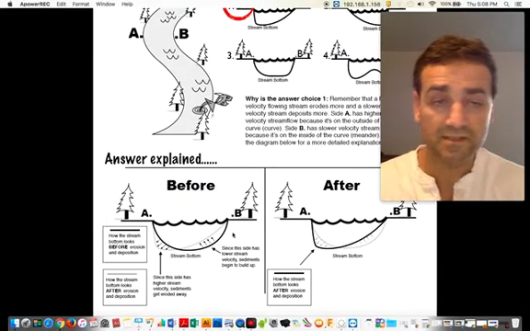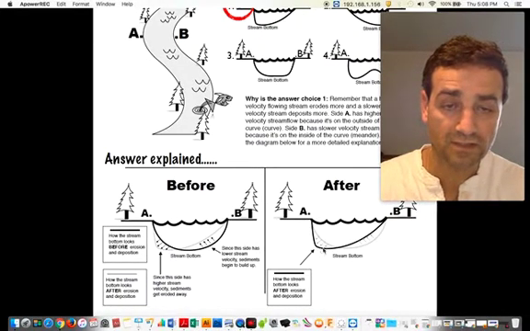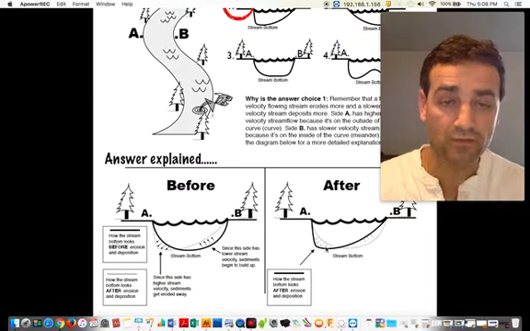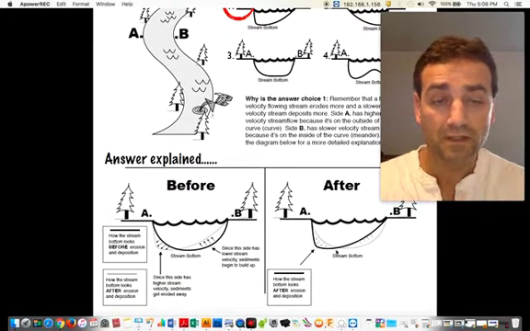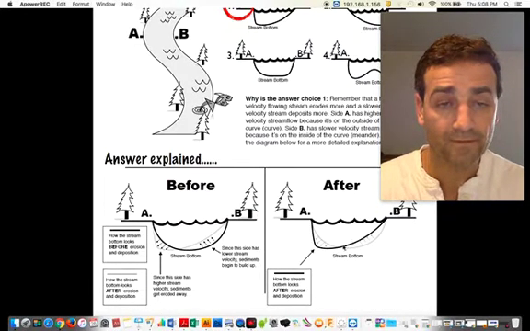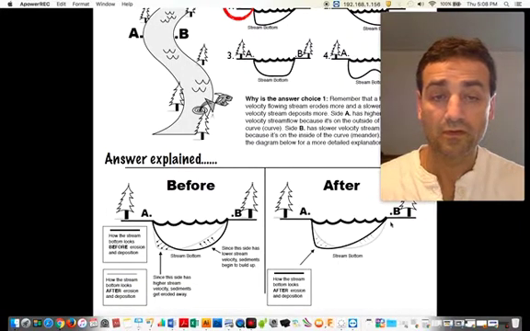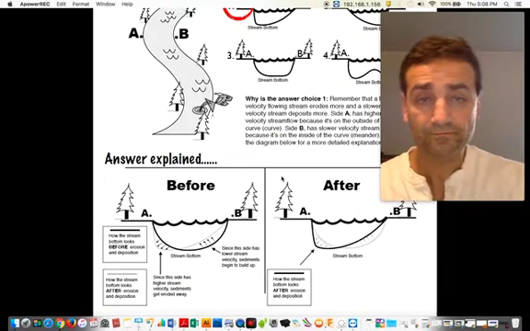So what happens is it ends up looking like this over here at B. A is where it's moving faster, so the stream gets cut this way because it's more erosion. And over here, it comes up because it's more deposition, right? Right there. So that's the explanation for this here.